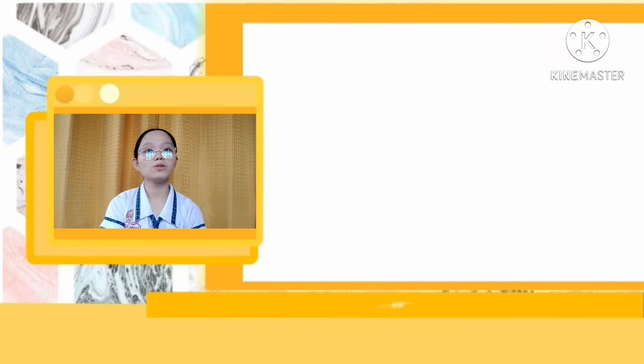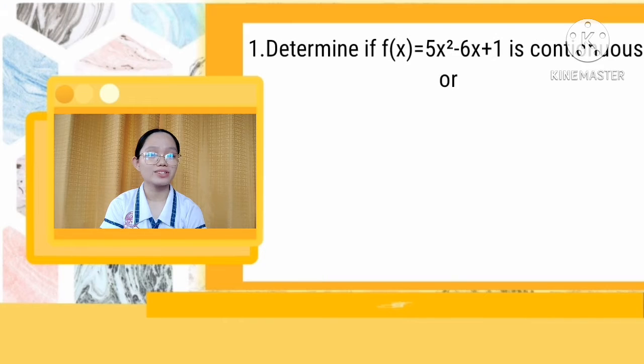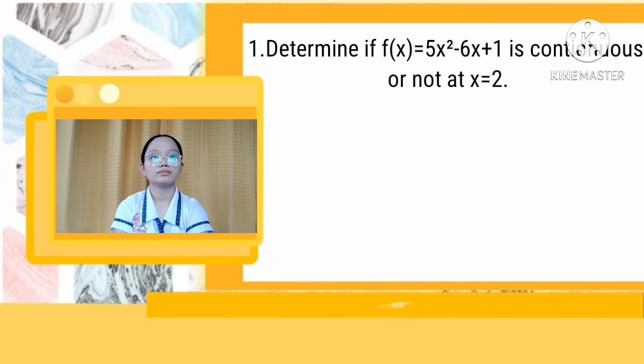Example 1. Determine if f of x equals 5x squared minus 6x plus 1 is continuous or not at x equal to 2. First condition, f of c is defined. In finding the f of c of the function, substitute the given value of x, which is 2.